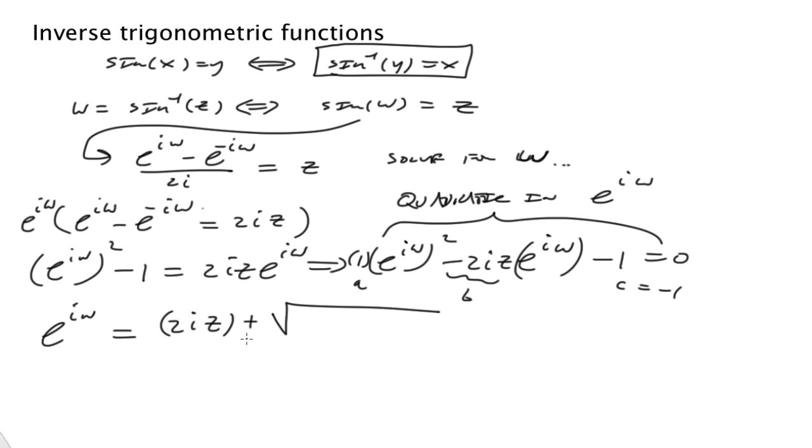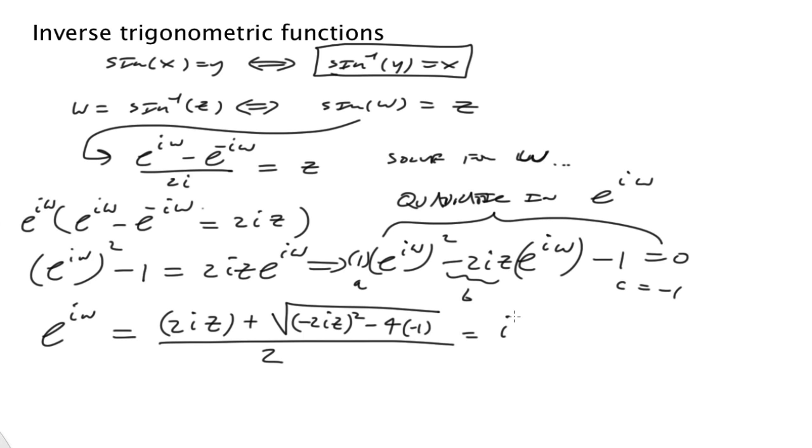I don't have to write a plus and a minus because the complex square root takes care of both of those at the same time. And that's going to be b squared, which is negative 2iz quantity squared, minus 4ac. In that case, it's going to be minus 4 times negative 1 times 1, all over 2a, which is just 2.